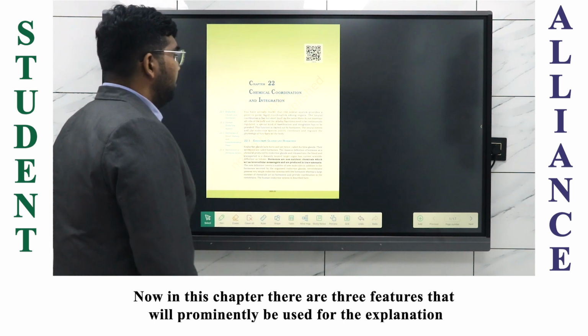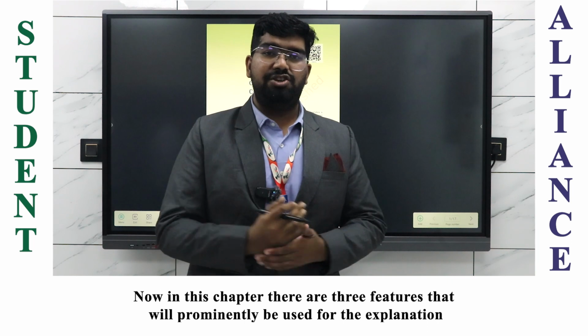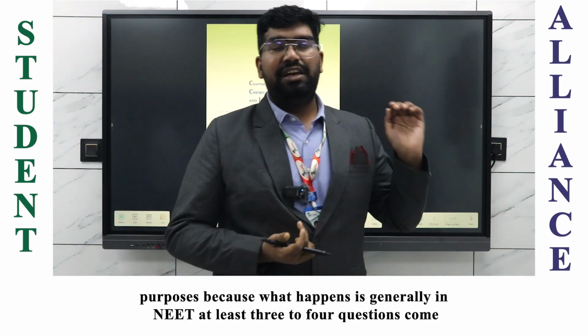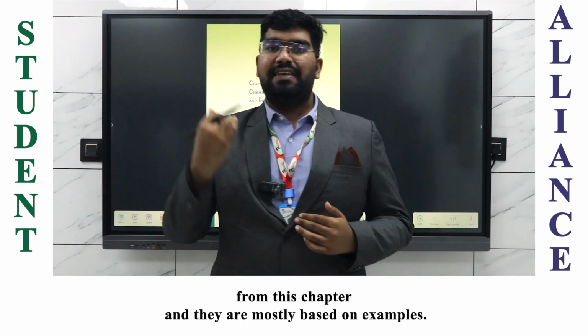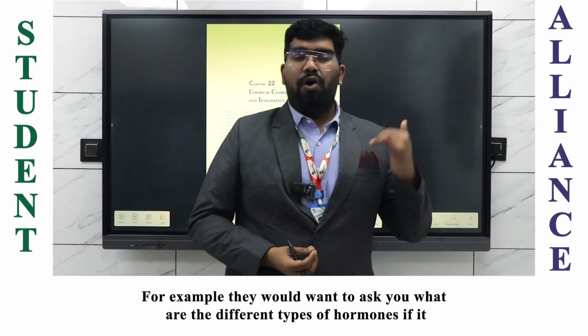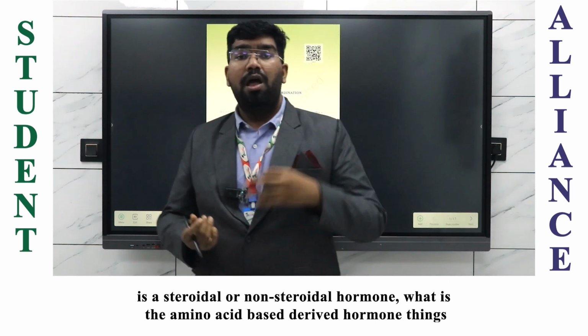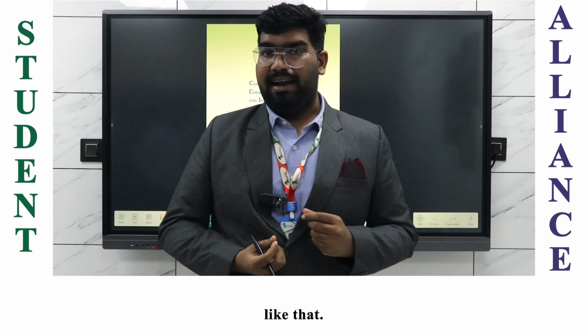Now, in this chapter, there are three features that will prominently be used for explanation purposes. Because generally in NEET, at least 3 to 4 questions come from this chapter, and they are mostly based on examples. For example, they would want to ask you what the different types of hormones are, if it is a steroid or a non-steroid hormone, what the amino acid derived hormone is, things like that, right?